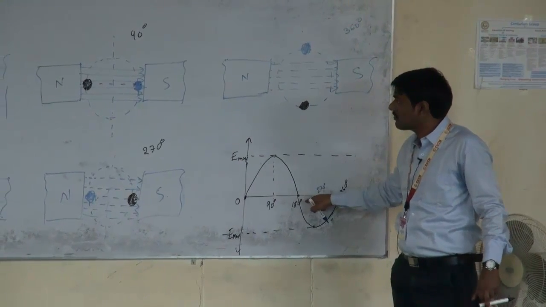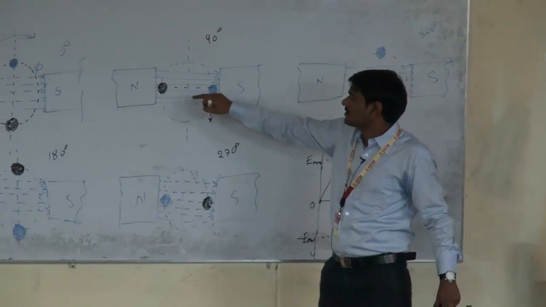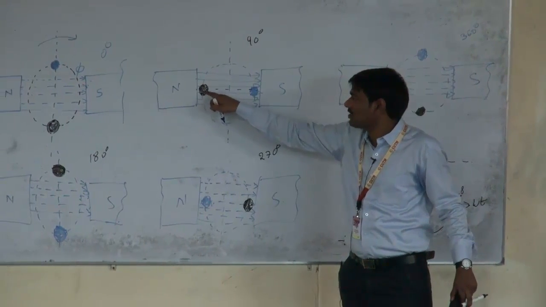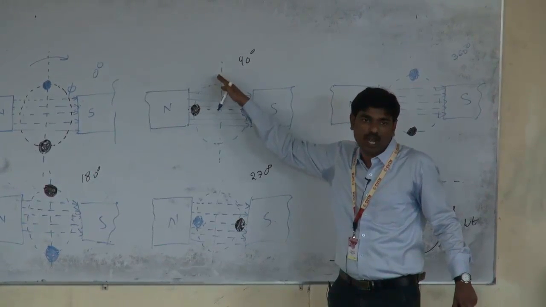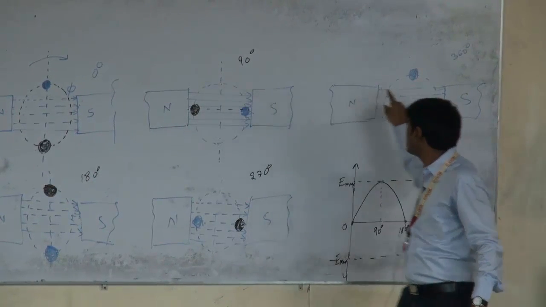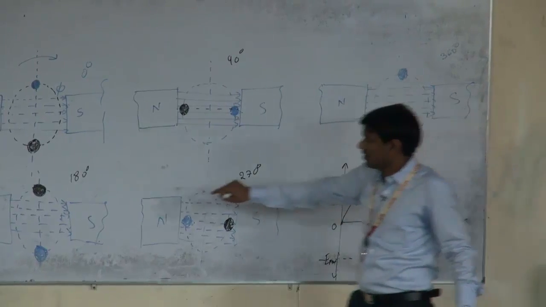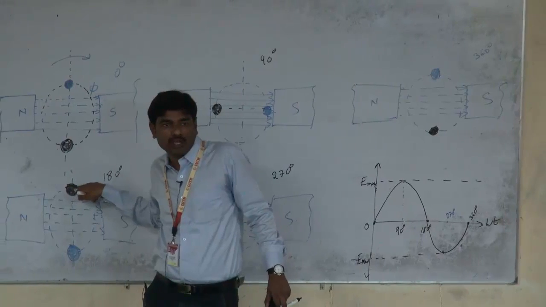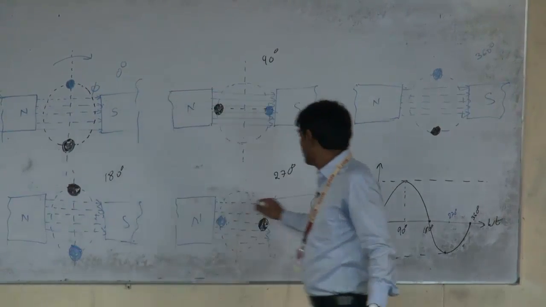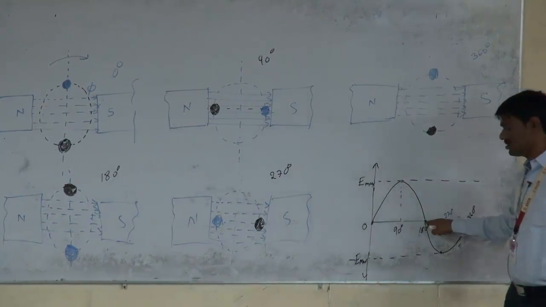From 90 degrees to 180 degrees, the direction is the same, the conductor is cutting from downwards to upwards, but the effect of magnetic flux decreases gradually, and at this position the effect of magnetic flux on the conductor is 0. So this is from Emax to 0 here.